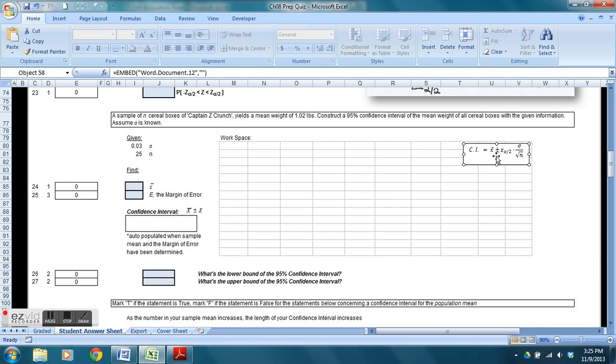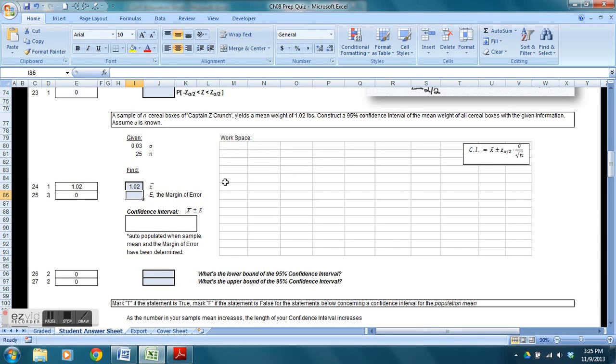So the first thing we have to do is determine what x bar is, and I give it to you right here. It says there's a sample of n cereal boxes that yield a mean weight of 1.02. So 1.02 is our sample mean. Now we have to determine the margin of error.